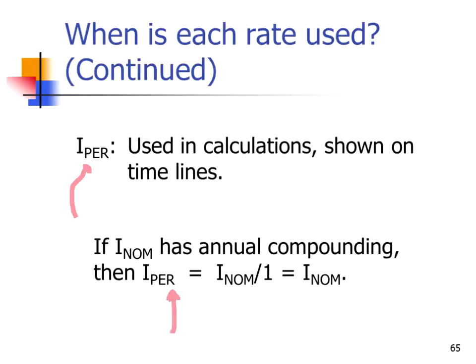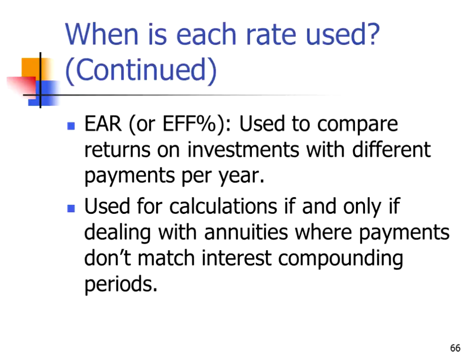If the nominal rate has annual compounding, then the periodic rate is equal to I-nominal divided by 1, which equals I-nominal. That's a special case: when compounding is done only once a year, your periodic rate will be equal to the nominal rate, because I-nominal divided by 1 is I-nominal.